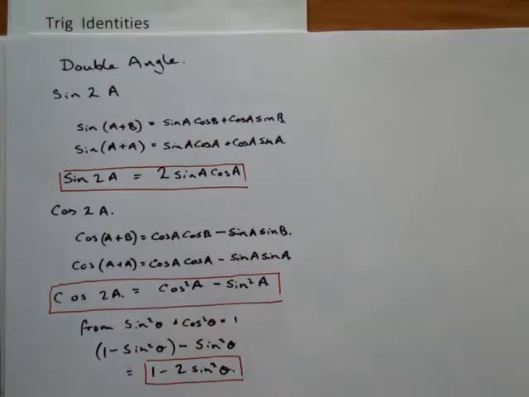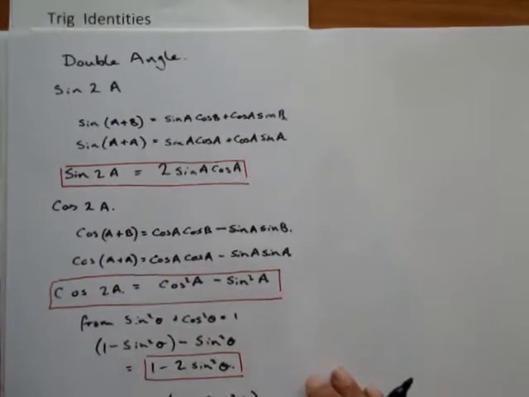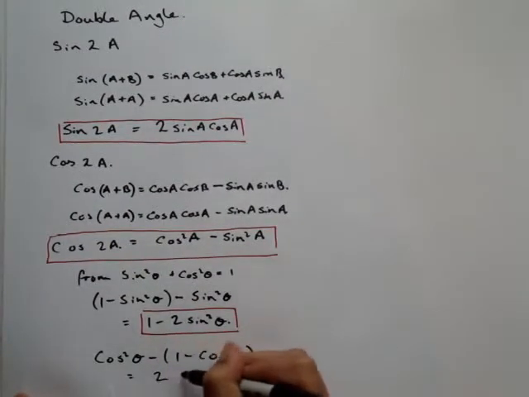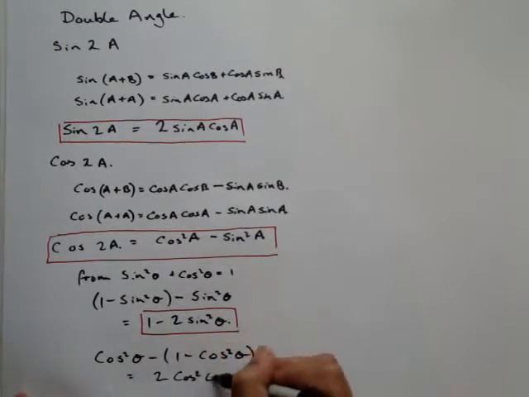Similarly, if we replace the sine squared, we get cos squared theta minus (1 minus cos squared theta), and that becomes 2 cos squared theta minus 1.